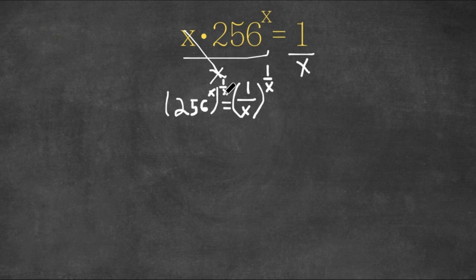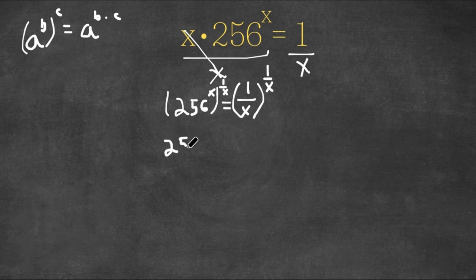Now remember, if you have a to the power of b to the power of c, this is the same thing as a to the power of b times c. So right here we have 256 to the power of x to the power of 1 over x. Well, this would be the same thing as 256 to the power of x times 1 over x.